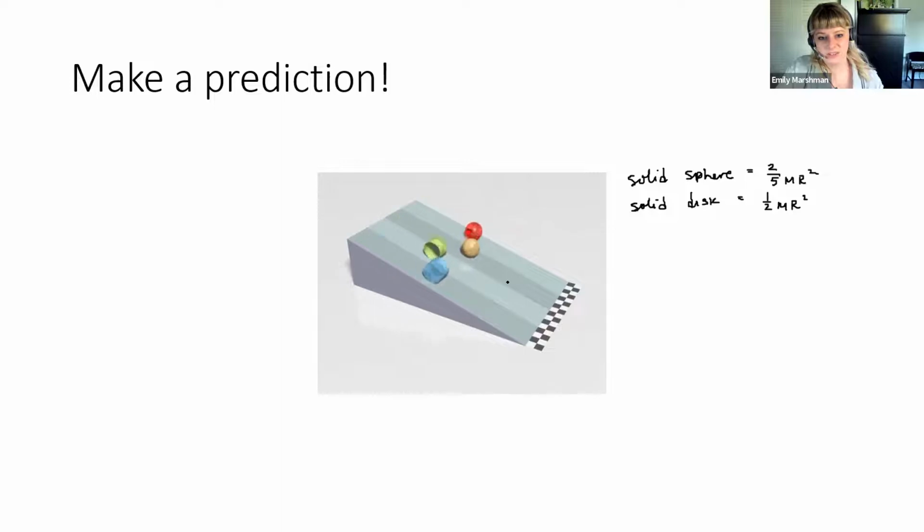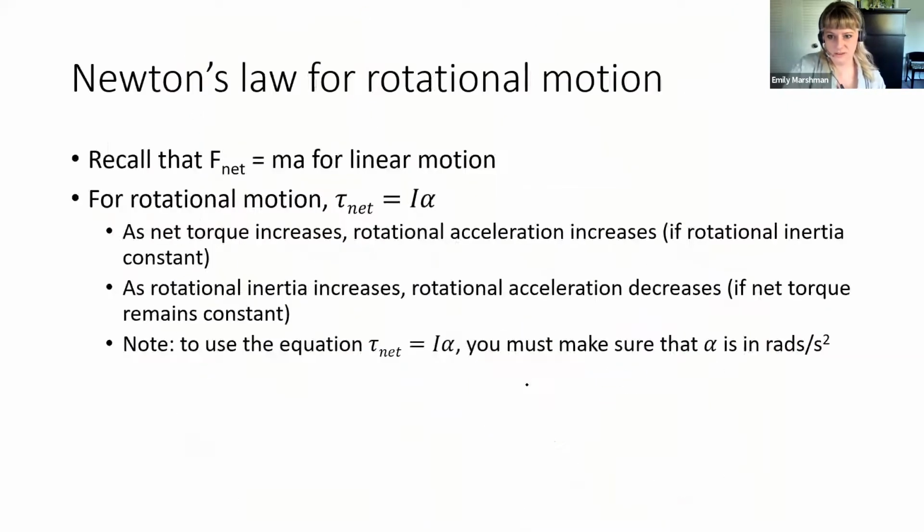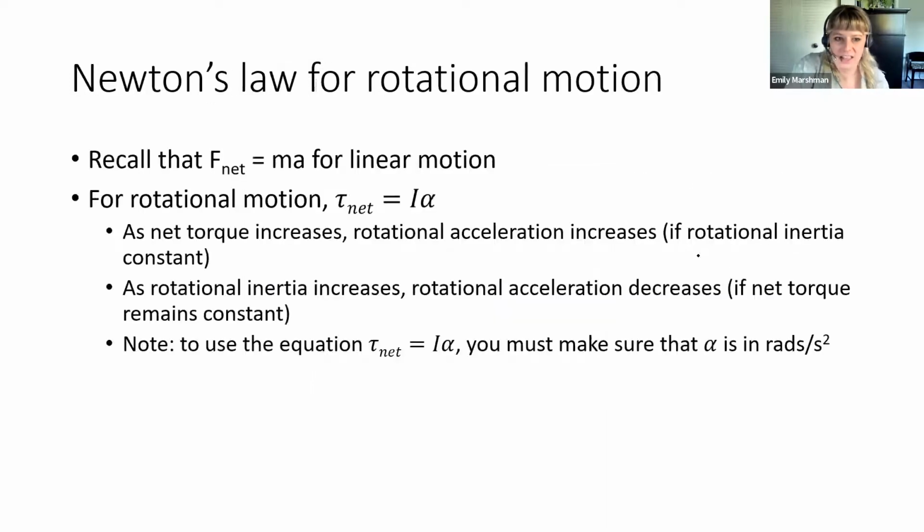The next one that reaches the bottom is the hollow sphere. Its moment of inertia is 2/3 mr squared. And the last one, the loser here, is the hollow disk or the hoop, and its moment of inertia is just mr squared.